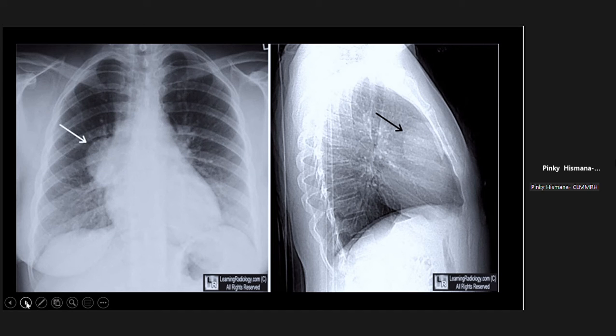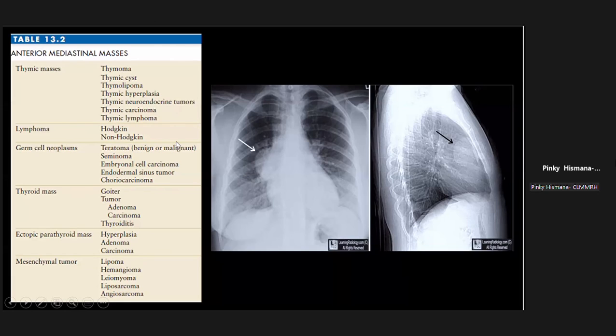But anyway, this is actually a case of thymoma. If this is a case of thymoma, most likely this lesion belongs to the anterior mediastinal masses, given that thymoma by nature comes from the thymus organ, which is located at your anterior mediastinum.